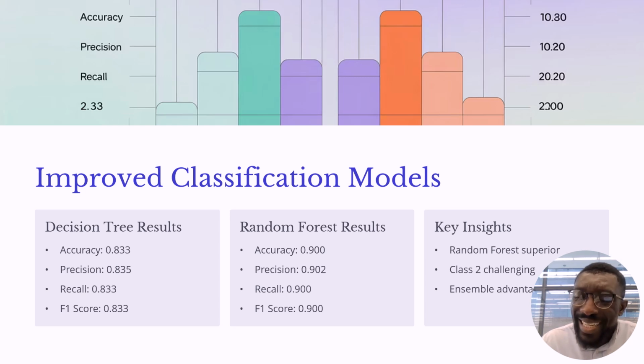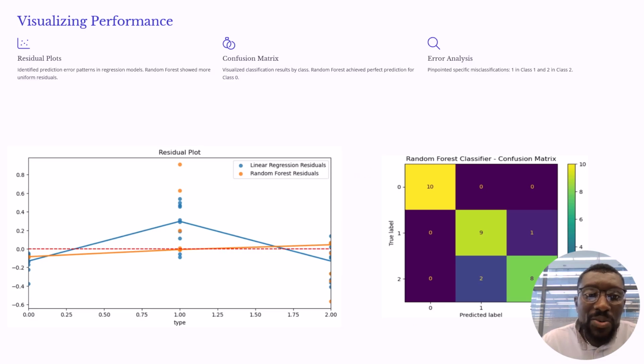And in class 2 we had some challenges in the ensemble advantage. So we went even further in our analysis by looking at the residual plots, and we identify basically the error patterns in the regression models, as well as the random forest, which shows more uniform residuals.